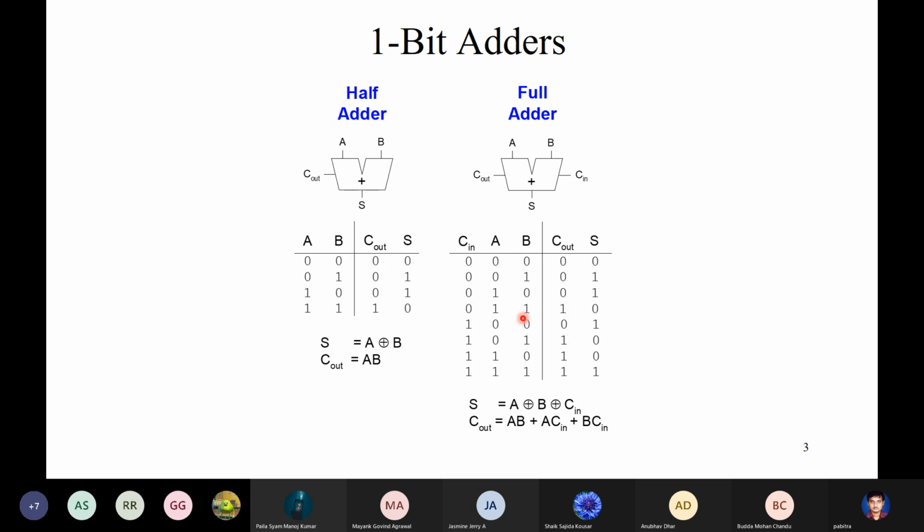So this row and the last row are where the carry out is 1, and that corresponds to this term AB. When both inputs are 1, the carry out is 1. The second thing is that the other two cases when it is 1 are when carry in is 1 and the OR of A and B is 1. Carry in is 1 and any one of A or B is 1. That's when carry out is 1.